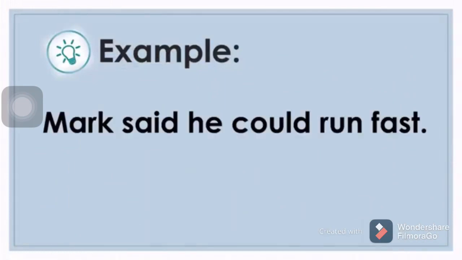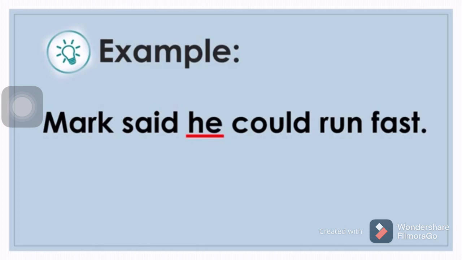Example. We have here the same example used in the direct speech, and notice that the quotation marks are no longer used and the tense of the verb changes from present form to past form. Also, there is the use of the pronoun he that corresponds with the subject.